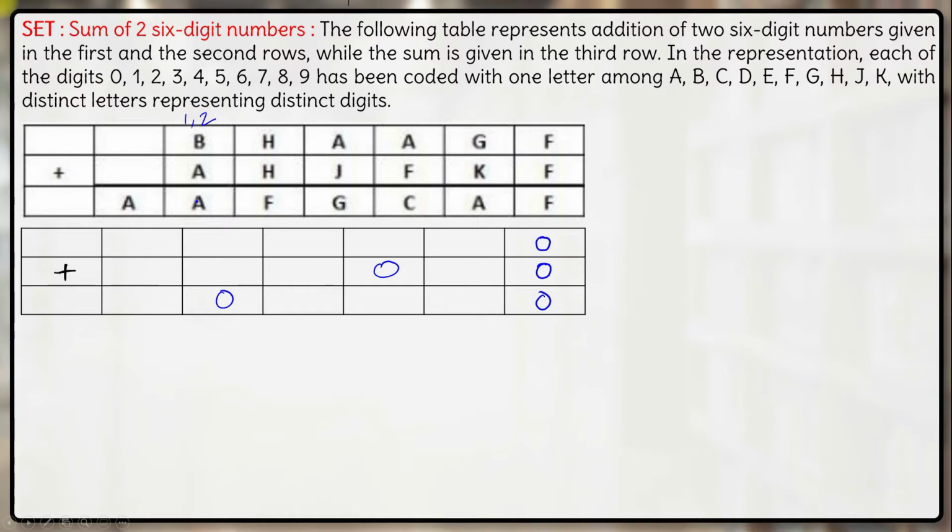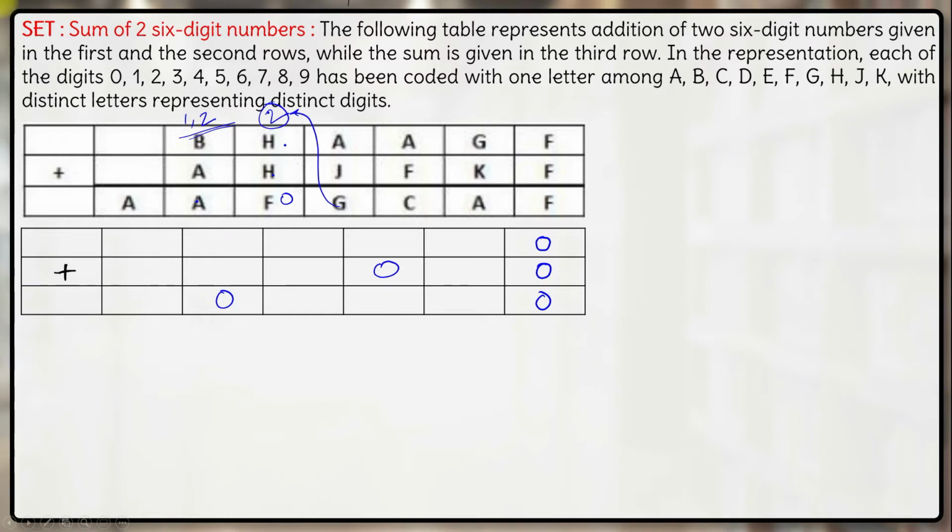It cannot be more than that. Even if H is 9, 9 plus 9 is 18, 18 plus a carry forward of 2 from this end here is 20. So this becomes 0, this becomes 2 here. Or if H is, let's say, 6, 6 plus 6 is 12, 12 plus 1 or 12 plus 2 will still give us carry forward of 1 only. So the carry forward will only be either 1 or 2.